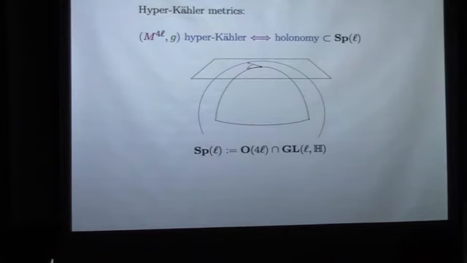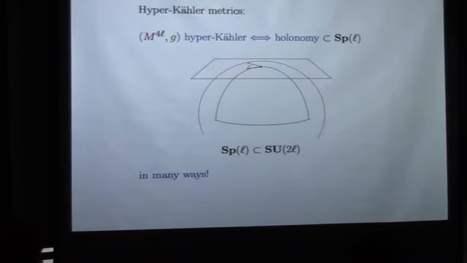This is one where Berger, it was on his list, but he didn't believe that it could really exist. It does. It really occurs in nature. So this is a subgroup of the special unitary group, so any hyperkähler manifold is also Ricci flat Kähler. Sp(n) sits in the special unitary group, but actually in a certain way it sits there in many different ways.